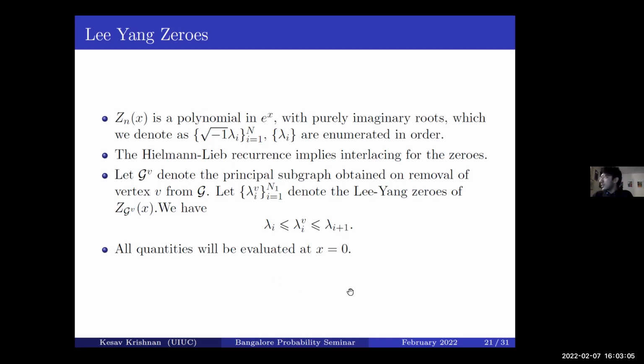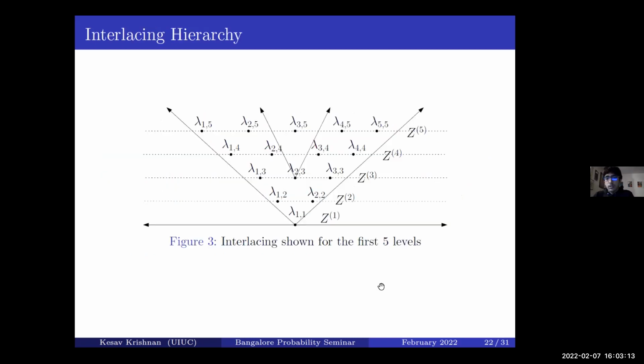So all our relevant thermodynamic quantities eventually will be evaluated at x equals 0 to recover our original measure. So that's what the interlacing looks like graphically. So suppose you have a graph on 5 vertices and you look at the Monomer-Dimer partition function.